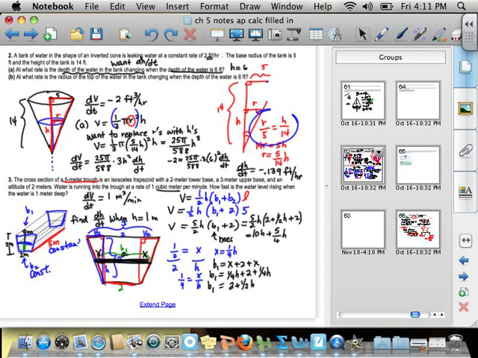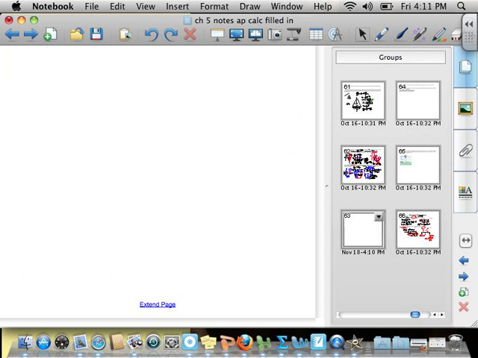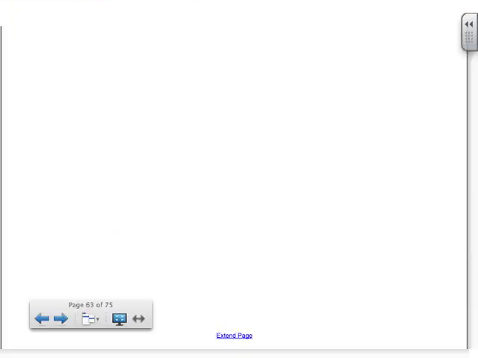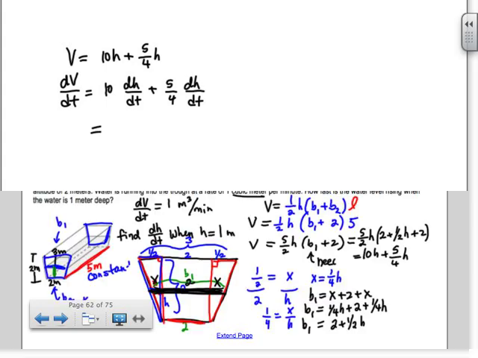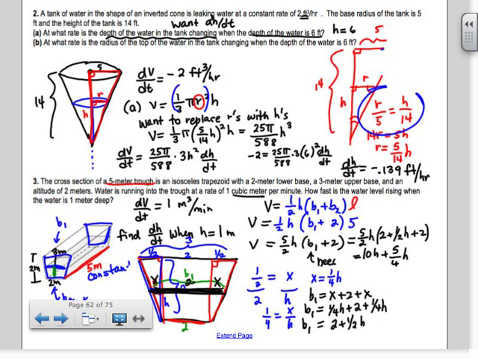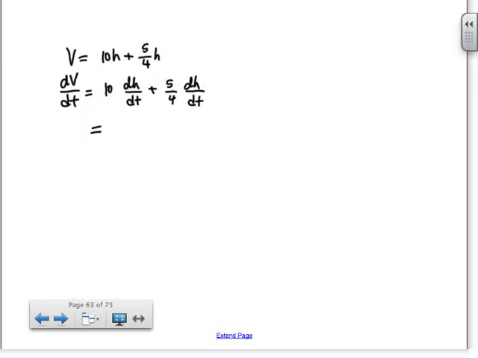Let me get a new page here. Getting a little messy. So 10h plus 5 over 4h. Okay, now you're ready to take the derivative.